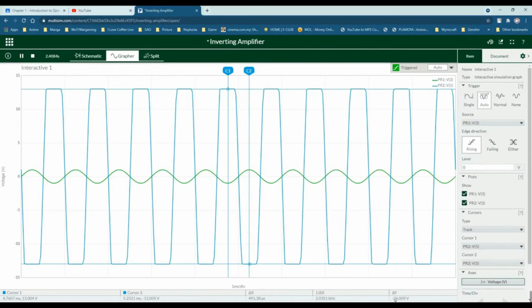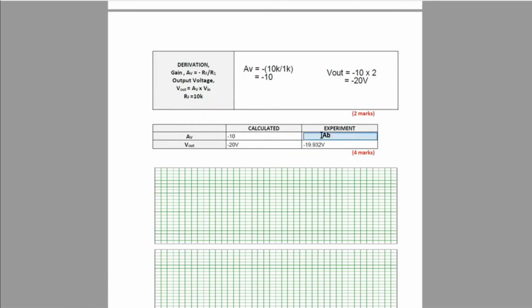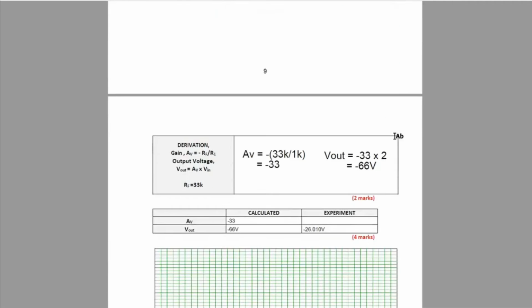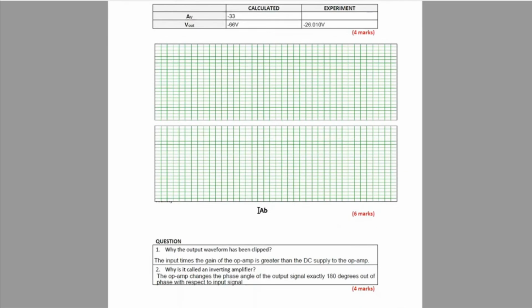The output we get now is negative 26.0109, around that value. But from the calculation, the gain is negative 33, so Vout is negative 66, which is not the same as the experimental result. This is because the waveform has been clipped.